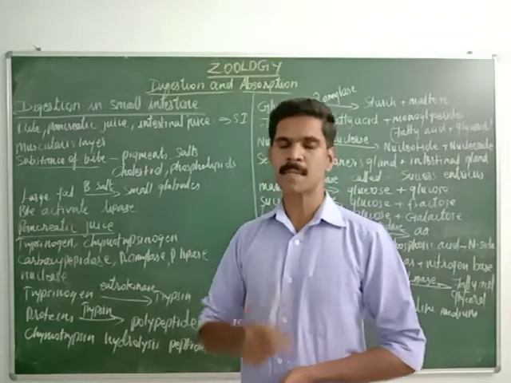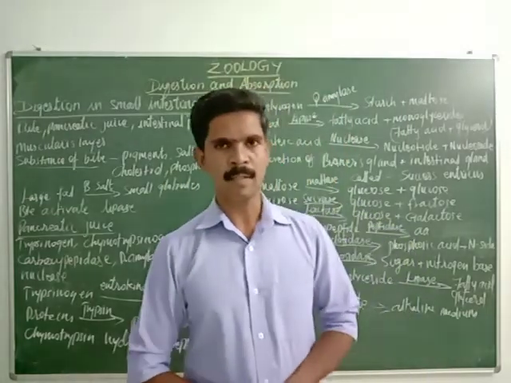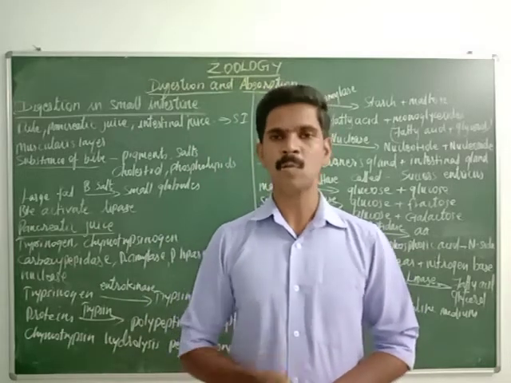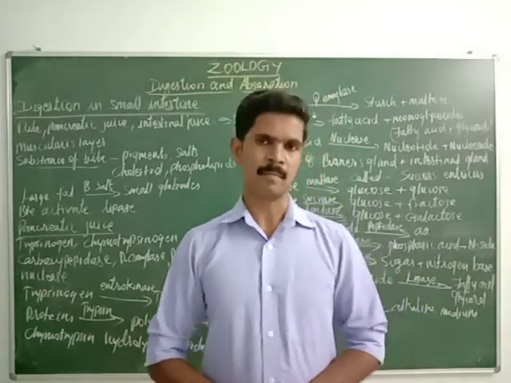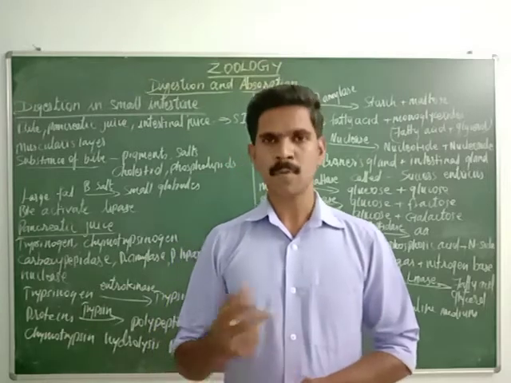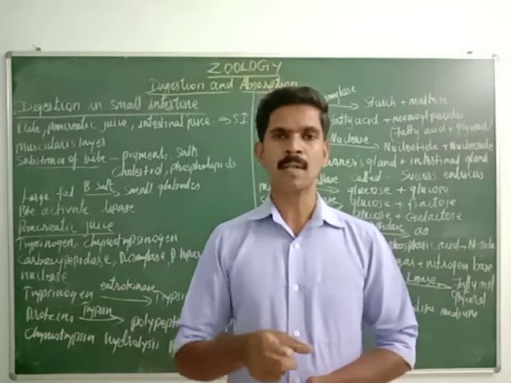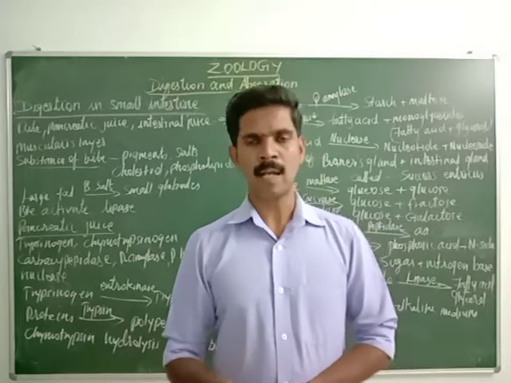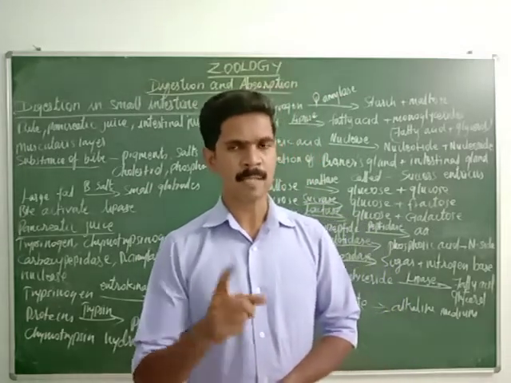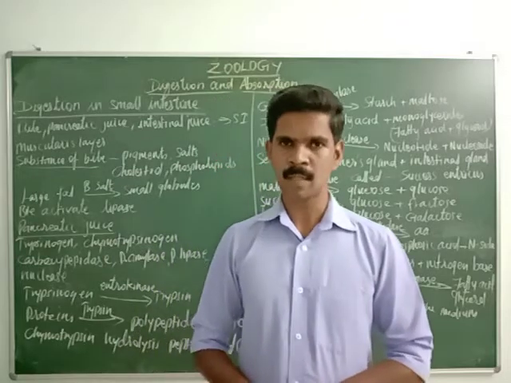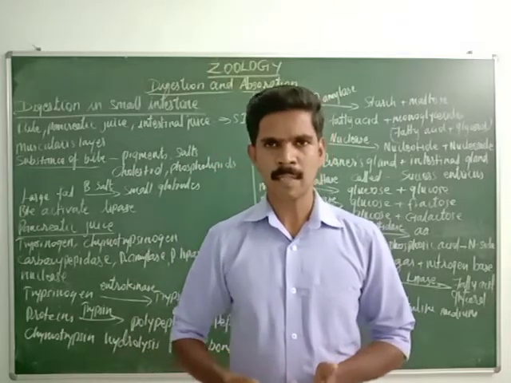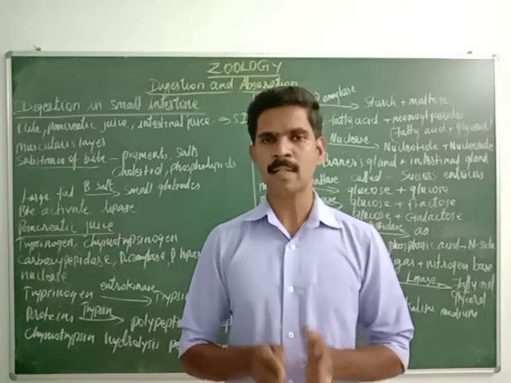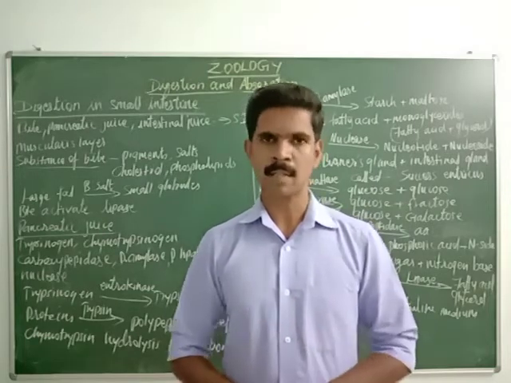There are 2 types of pigments present in the bile. One is called bilirubin and the second one is called biliverdin. These 2 are produced when the hemoglobin molecules are destroyed in aged RBC. The lifespan of red blood cells is a maximum of 120 days. After 120 days, the RBC automatically breaks down, and when the RBC breaks down, the hemoglobin molecules are also broken.